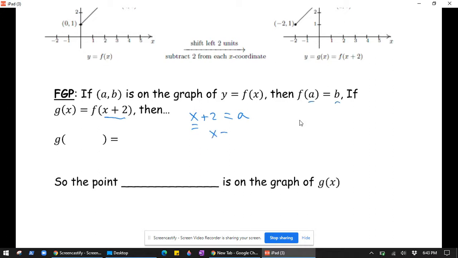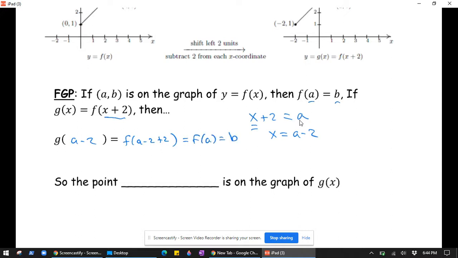So that tells us that x would have to be a minus 2. So g of a minus 2 is equal to f of a minus 2 plus 2, which is equal to f of a, which is equal to b. So that tells us the point (a minus 2, b) is on the graph, and that tells us there's a shift left of 2.